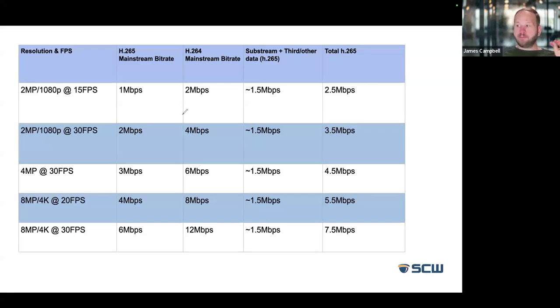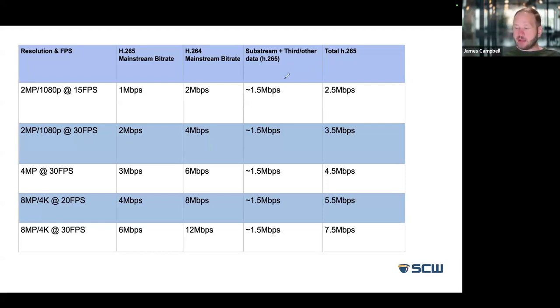So, if you have an older camera system out there, it's very possible that you're on H.264, and if you're struggling with bandwidth, that could be a potential solution right there: upgrading the cameras, and you just cut your bandwidth in half. The other column over here is the substream and other data, and third stream and other data.